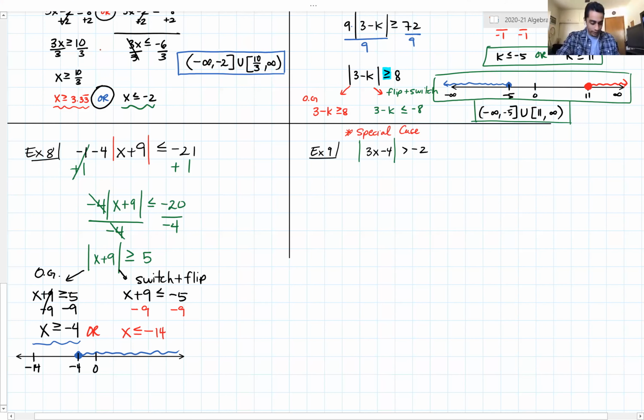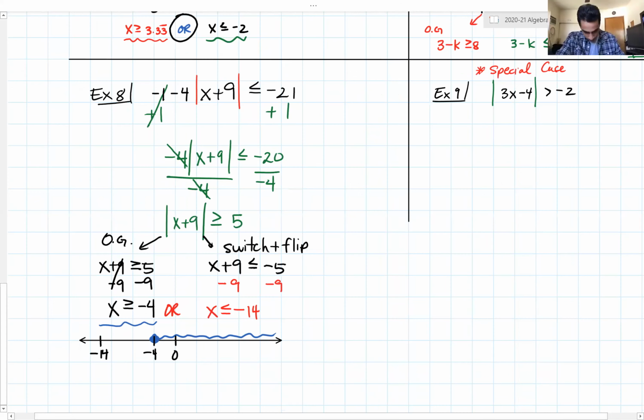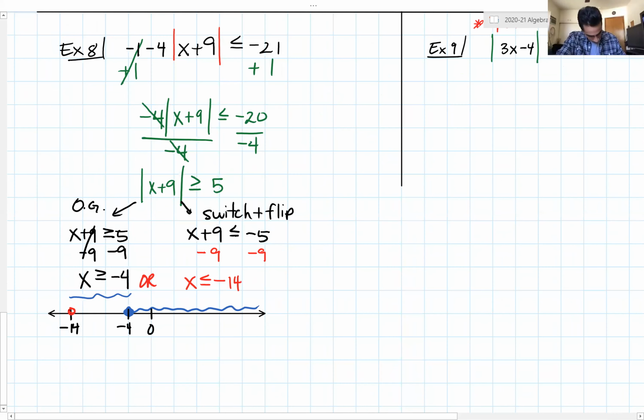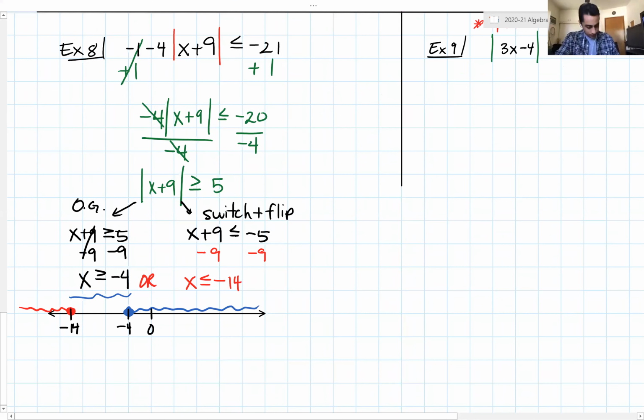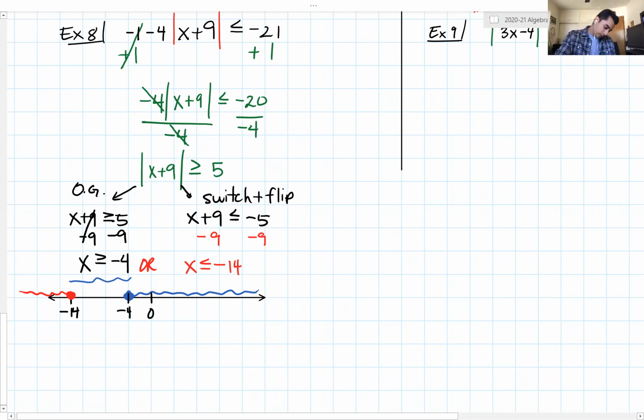And then for x less than or equal to -14, you also want a closed circle there, and you want to go less than. Okay, so that looks good. Let's go ahead and write down the interval. Okay, somebody help me out with the interval. What should it say? What should it read?